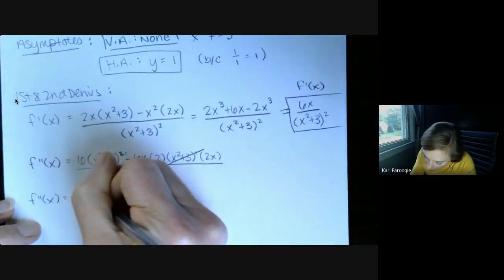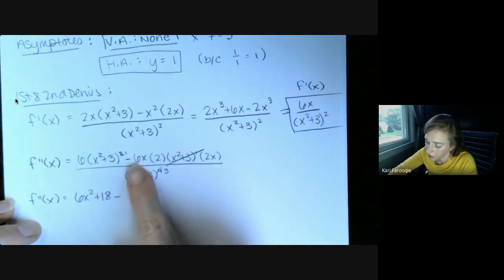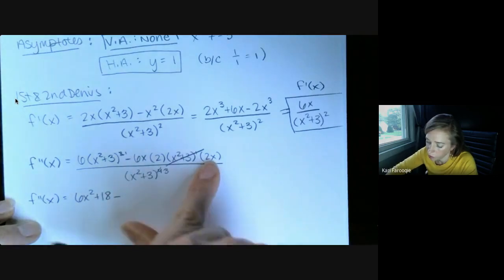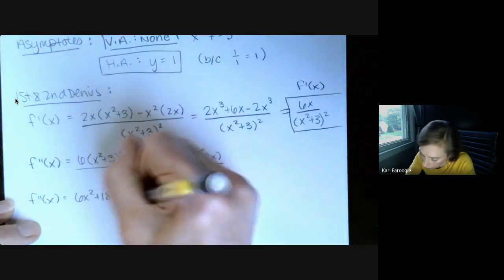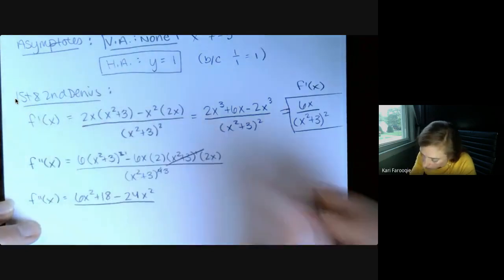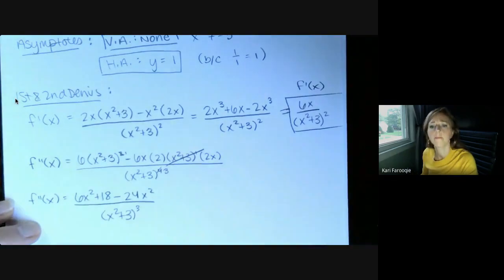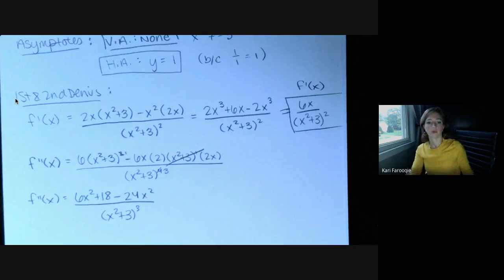So I have 6x squared plus 18 minus, and then be careful here, 6 times 2 times 2 is 12 times 2, which is 24, and then you have x squared. So many things can go wrong when you're working on these derivatives with your quotient rule. Look at the signs. Okay, you fix that.